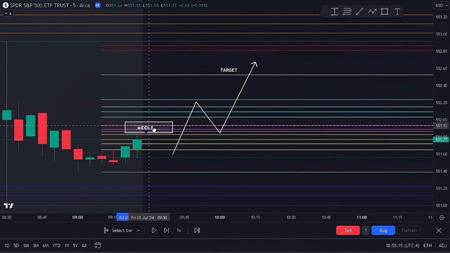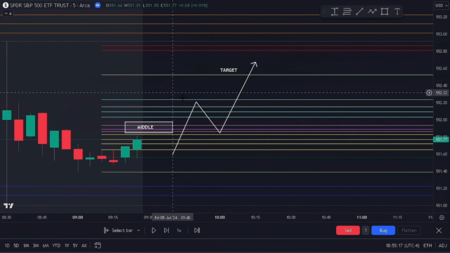The middle is very, very important, and it's going to be the key to understanding this all. The middle is basically your neutral zone, and anything here, let me just move this arrow out of the way so it's not complicated.